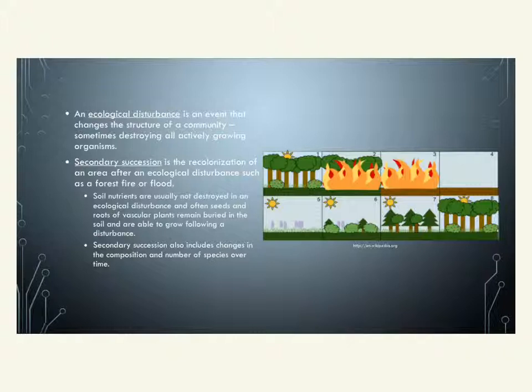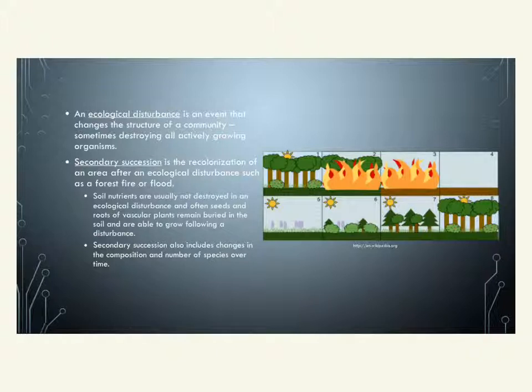For example, your lodgepole pine needs the incredible heat from a forest fire in order to actually start growing. So this is a natural thing that occurs every so often, and sometimes it needs to happen in order for the next generation to grow.